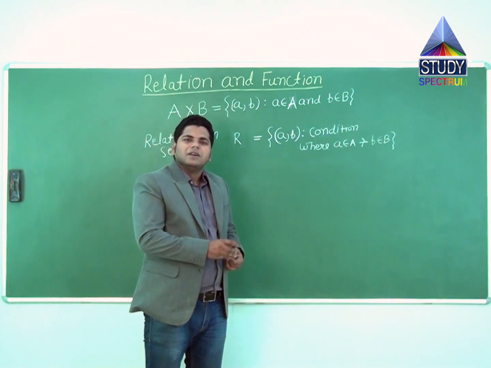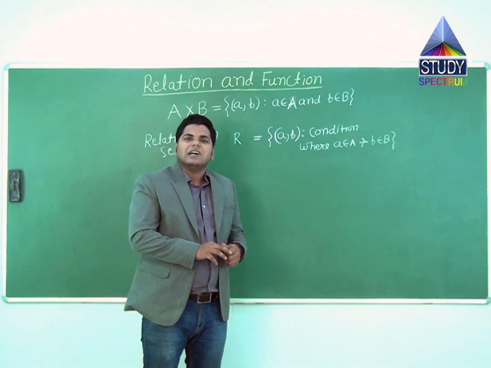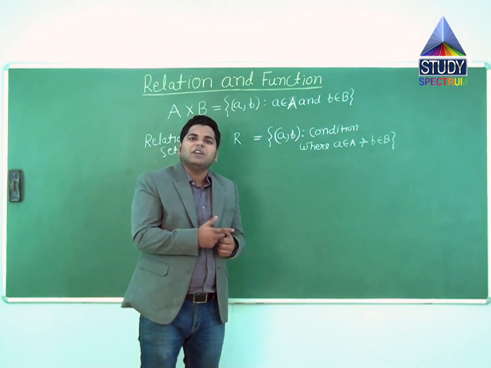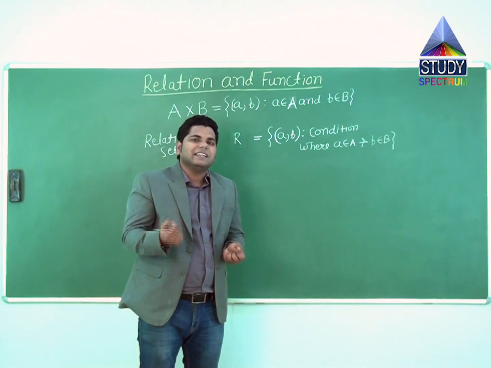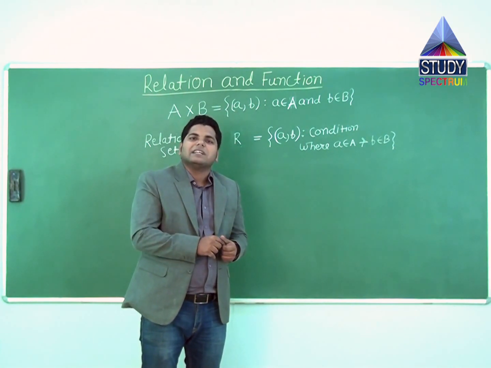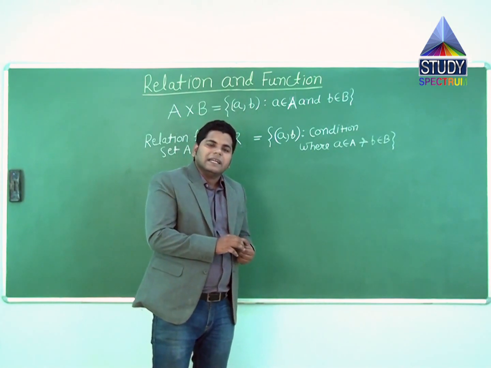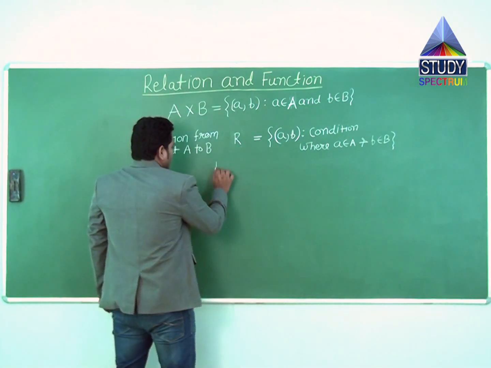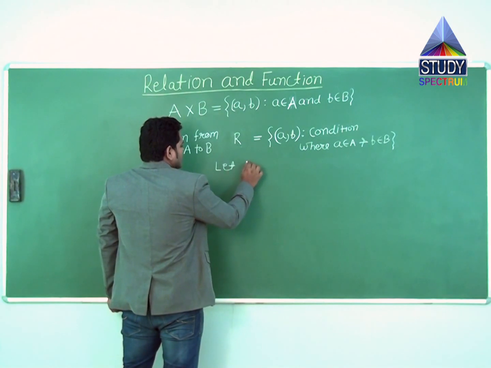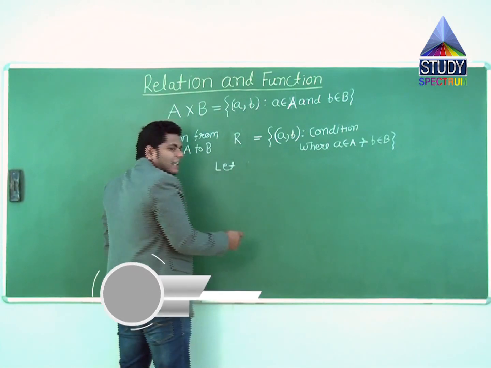Now one question arises: how many elements or order pairs will there be in A cross B, the Cartesian product of two sets A and B? Let set A have m elements.